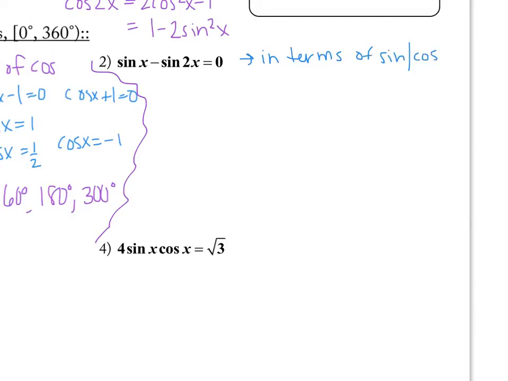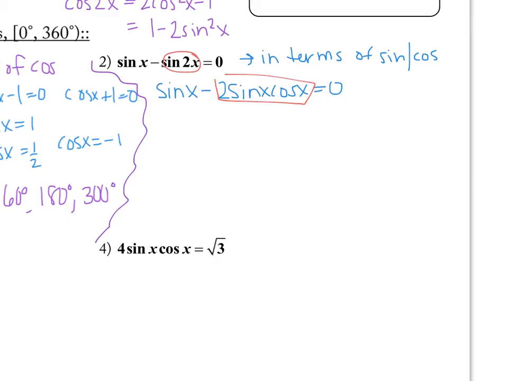Okay. What you're trying to do is get rid of the double angle. Well, good thing is we have an identity. So we have sine of x minus 2 sine of x cosine x equals 0. So all I did was replace sine of 2x with its double angle identity.